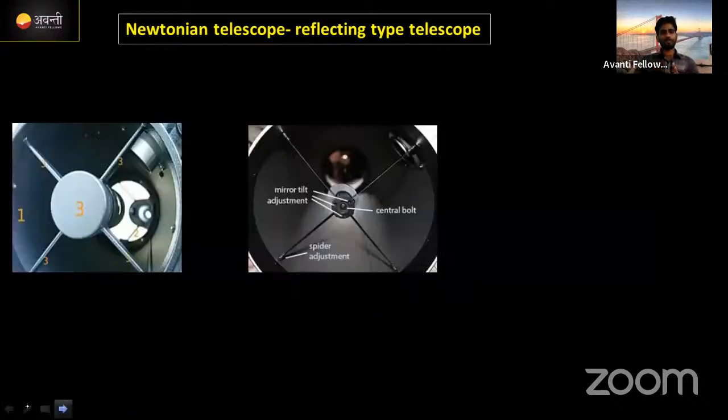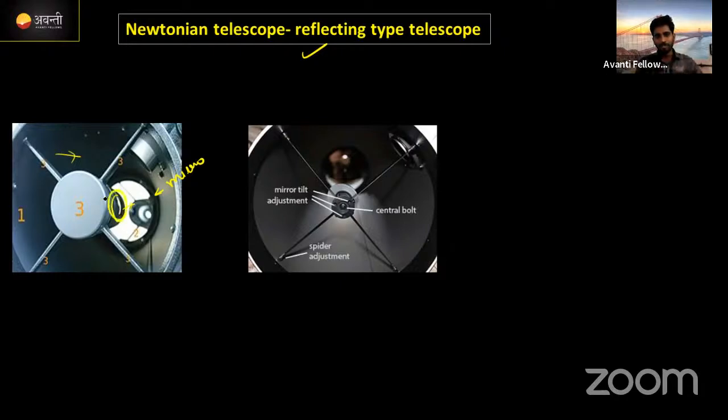We'll solve one numerical. Look here. This is an outstanding image. This is a working model of the Newtonian telescope, or we can also call it a reflecting type telescope. Look here. At the depth we kept a mirror, and the rays of light incident on this mirror are reflected and focus at this point.